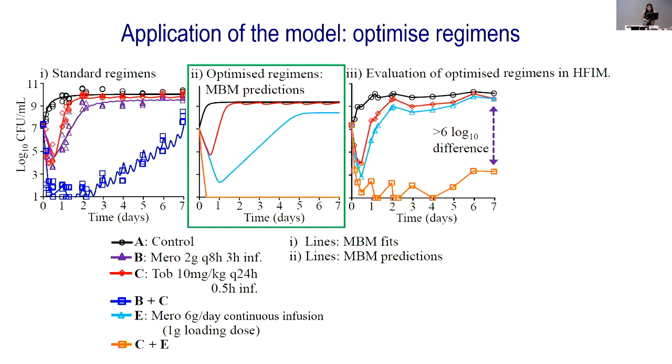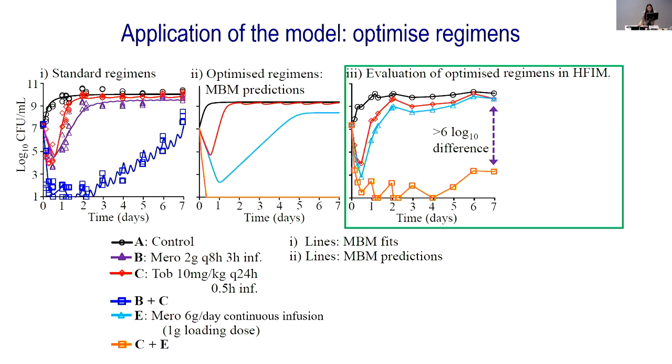That's the orange curve in the graph, which was predicted to achieve bacterial killing without the bacteria growing back and becoming resistant. And when studying that regimen in the experimental hollow fiber model, it also performed very well, as we can see in the orange symbols there.